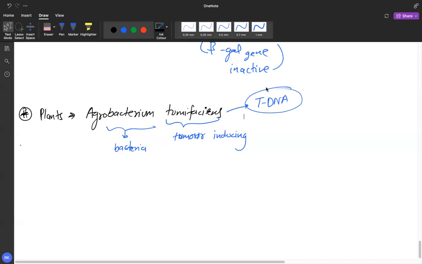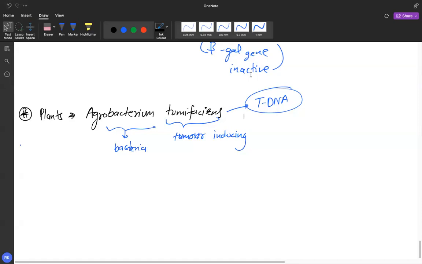Why is it called tDNA? The T is for tumor. So this DNA goes into the plant cell in the root and induces a tumor. Mostly the bacteria lives in soil, so it induces tumors in roots. But if you put this tDNA in a shoot, it will induce a tumor there also.